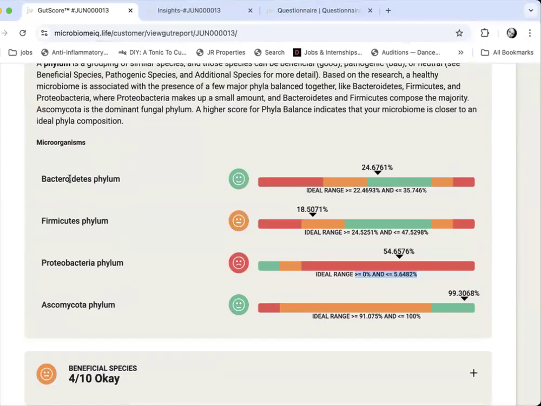Ultimately, Bacteroidetes is our group of bacteria that's responsible for fermenting carbohydrates and fibrous foods in the diet. We also want to remember that the reflection of these phyla is a reciprocal relationship with the diet. What we see in this report reflects the diet of the customer who the sample was taken from, and vice versa.